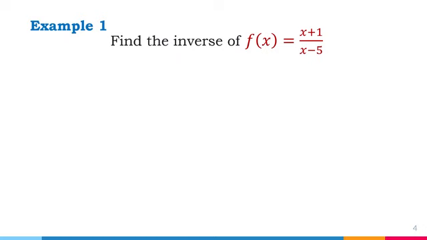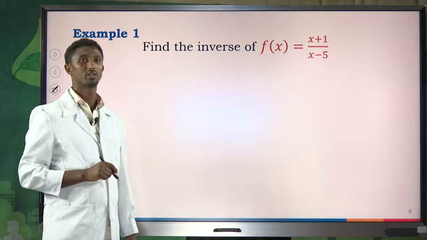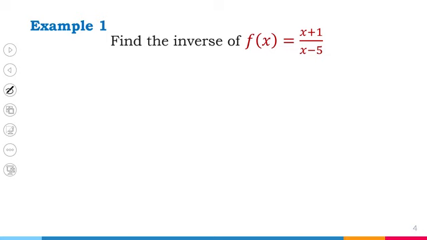Now, we have example 1. Find the inverse of f of x equals x plus 1 over x minus 5. To find the inverse of this function, we'll interchange the places of x and y.